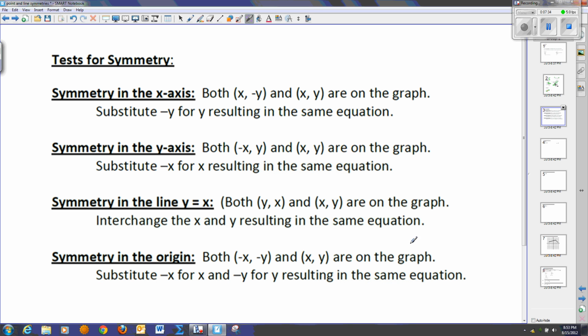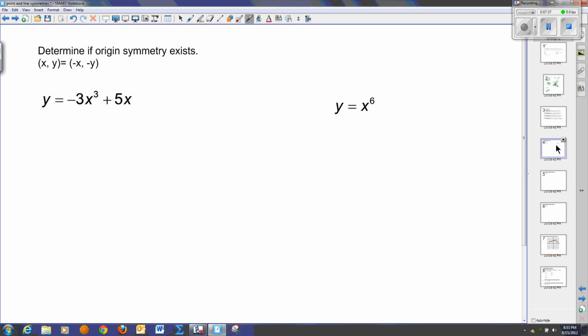We're going to go through some proofs. First of all, we want to show we have origin symmetry. And we don't even have to know what these graphs look like to test for origin symmetry. Now, what I've done is I've included the test we're going to use for this specific example. I want to show that y equals negative 3x cubed plus 5x is origin symmetric.